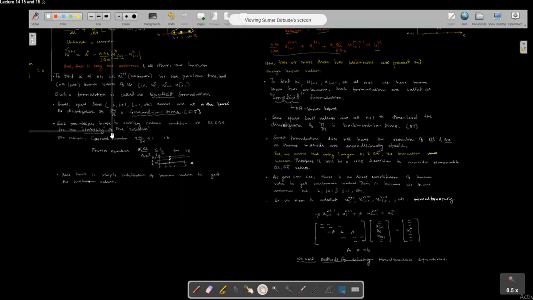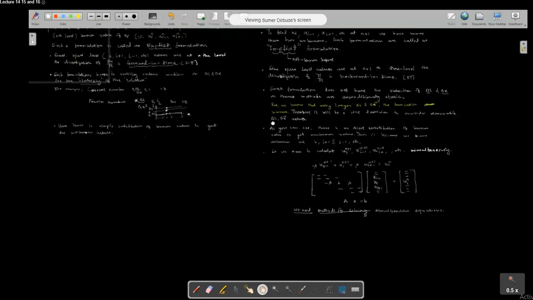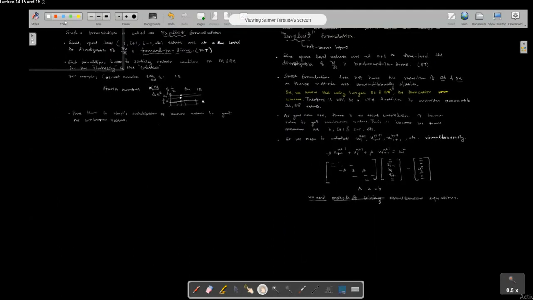Okay. And these easy methods, explicit methods, are very good for parallelization. Since there is no matrix, there is a simple substitution. Therefore, they are preferred in parallel programming.